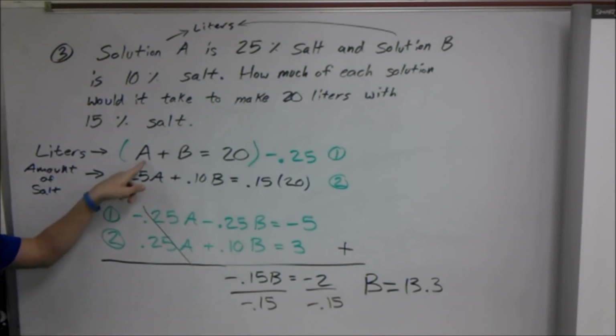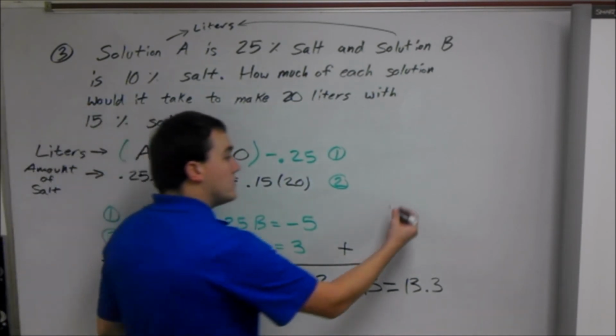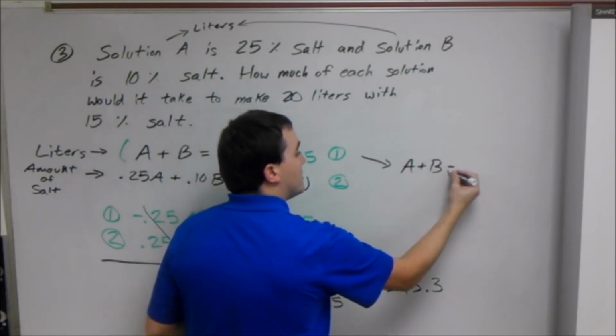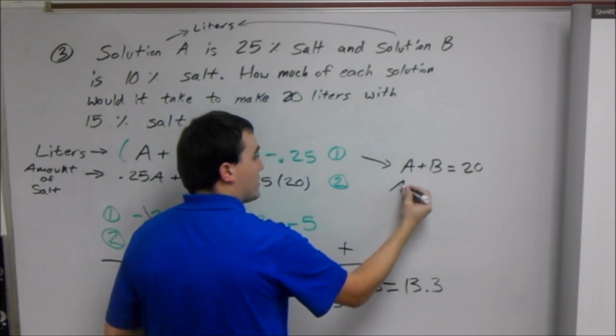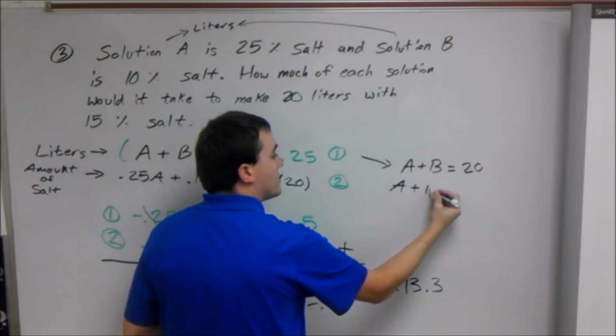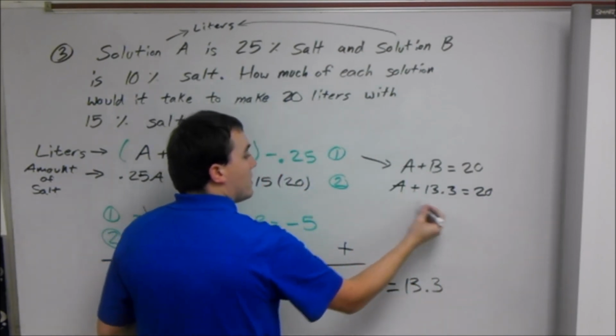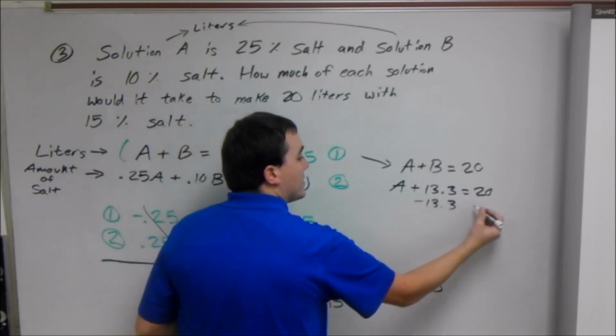And we also know A plus B is 20. So we can use this equation, A plus B equals 20, where B is 13.3. So A plus 13.3 equals 20. And we subtract 13.3 on both sides.